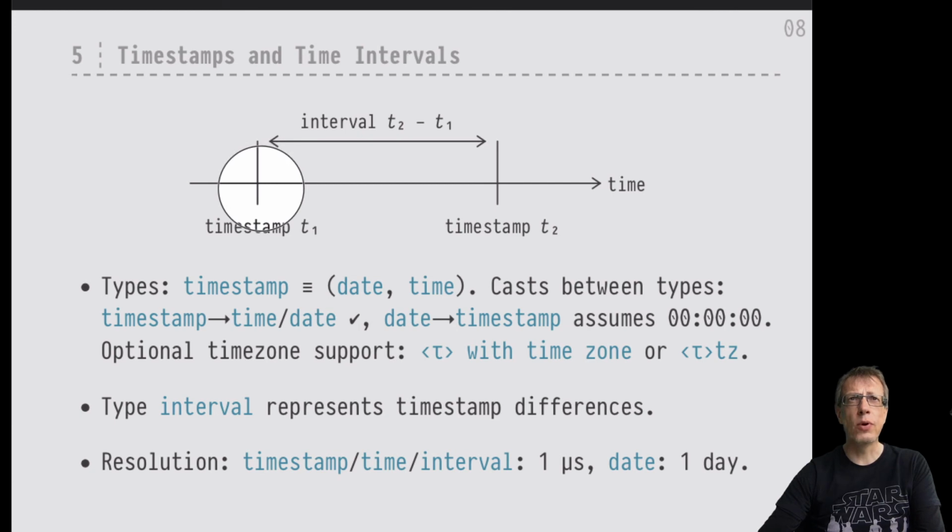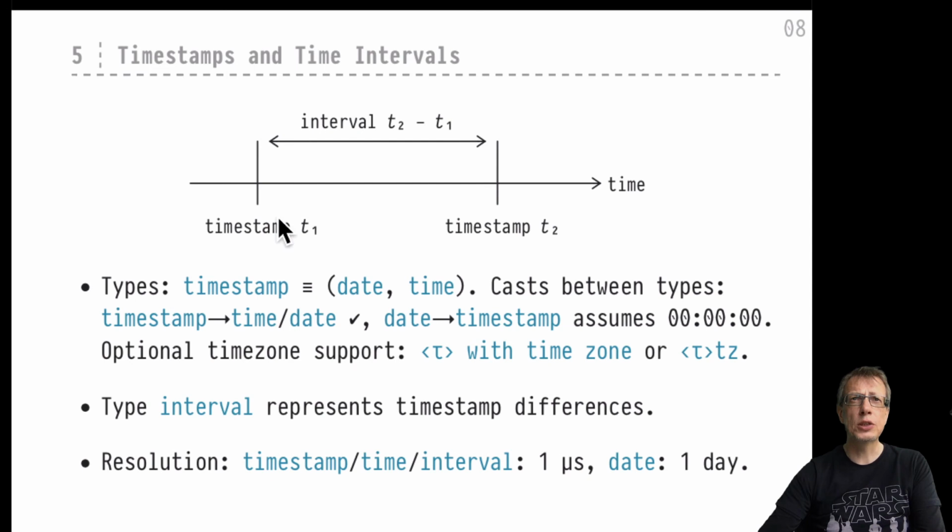T2 is after T1, and we can talk about this particular point in time as a value in the PostgreSQL type system. All right, so we've got support for timestamps, and such timestamps are normally comprised of a date component and a time component. And as you can see on these slides, already the date and the time itself is marked in blue here because these in themselves are available and supported types inside the SQL database system.